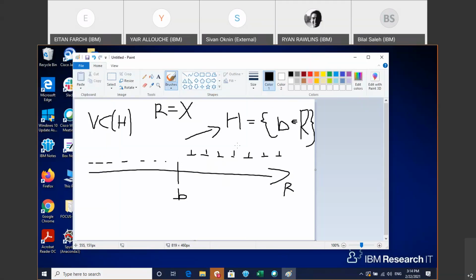Okay. So let me give you an example. Here I choose any 3 points, and I decide that the label here is a plus, the label here is a minus, and the label here is a minus.